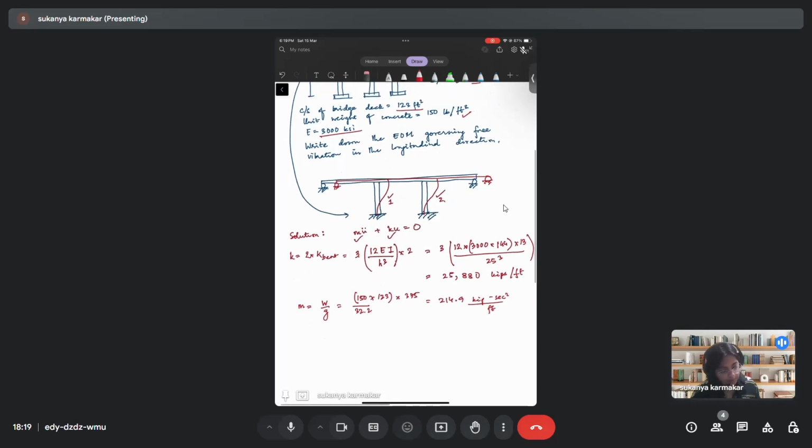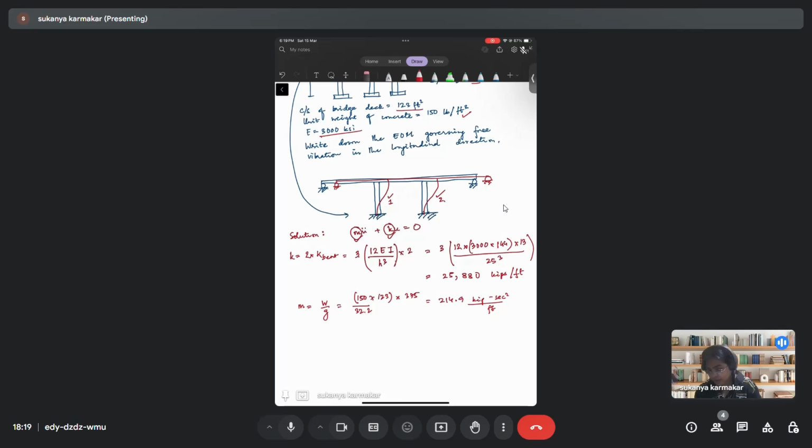So in this equation of motion, you have the value of m and you have the value of k. So with these numbers, now this is very basic. I am very sure everyone will understand this.